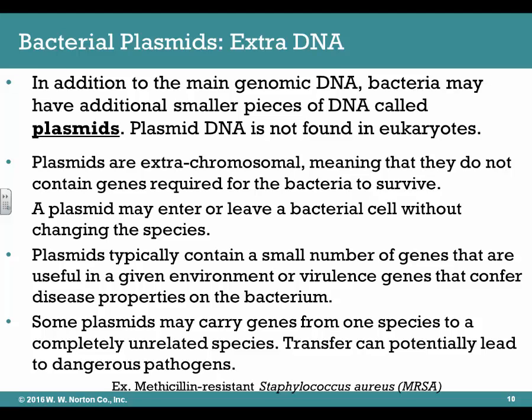One example of a plasmid that carries drug resistance is the plasmid present in methicillin-resistant Staphylococcus aureus, which you may have heard referred to as MRSA. Not only is methicillin resistance encoded by the genes carried by this plasmid, but also resistance to other antibiotic drugs within the penicillin family, as well as a few disinfectants.